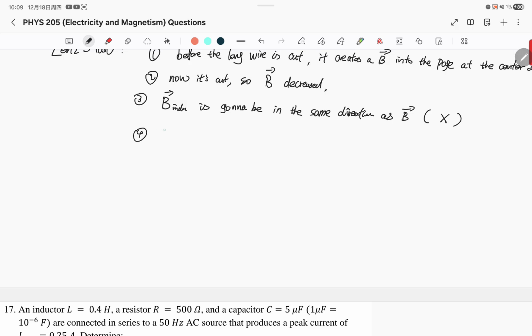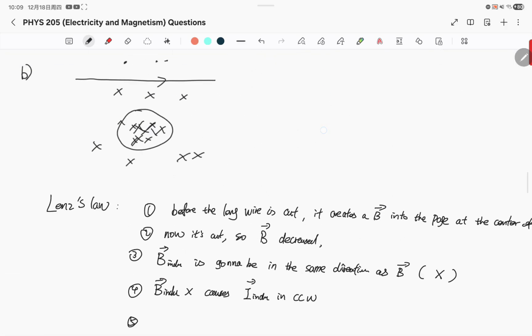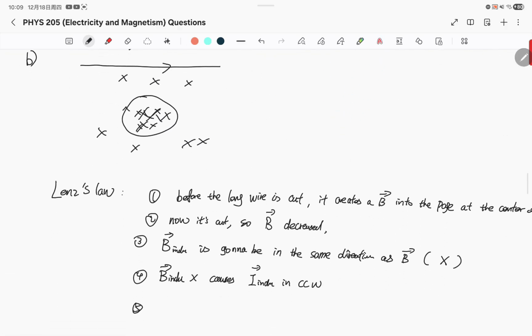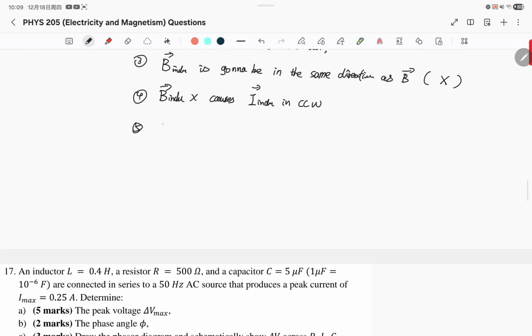B induced into the page direction is gonna cause an I induced in the counterclockwise direction. And since the original current is already flowing in the counterclockwise direction, our conclusion will just be I total is increased.